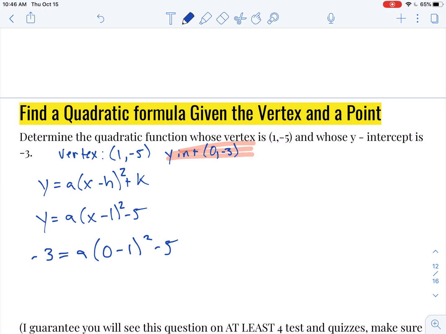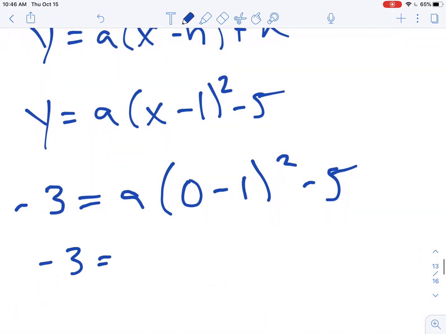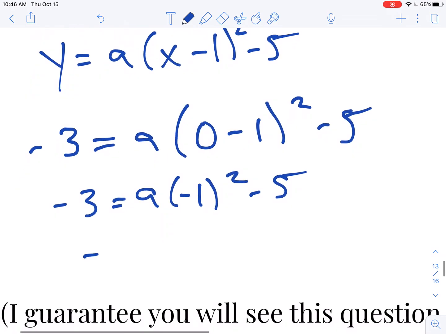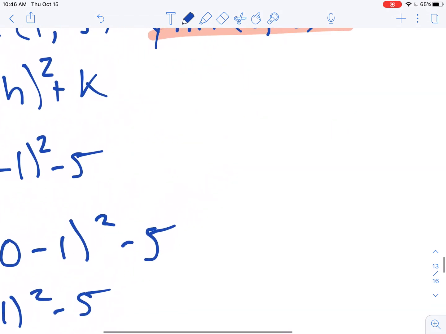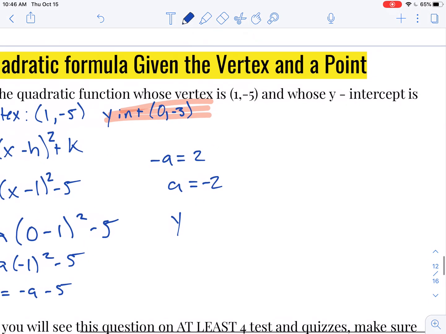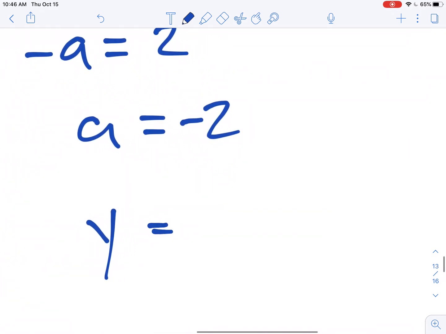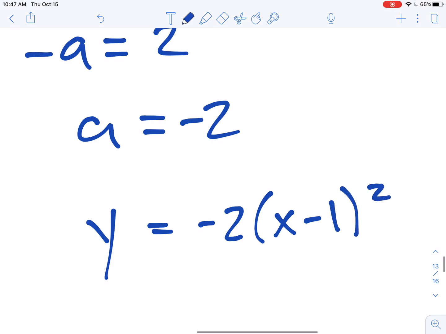I just plug in the xy value of the one point I know that is within this quadratic function, and that will allow me to solve for a. -3 is equal to a times (-1) squared minus 5. -3 is equal to -a minus 5. -a is equal to +2. a is equal to -2. So now I know the equation is y is equal to -2 times (x minus 1) squared minus 5.